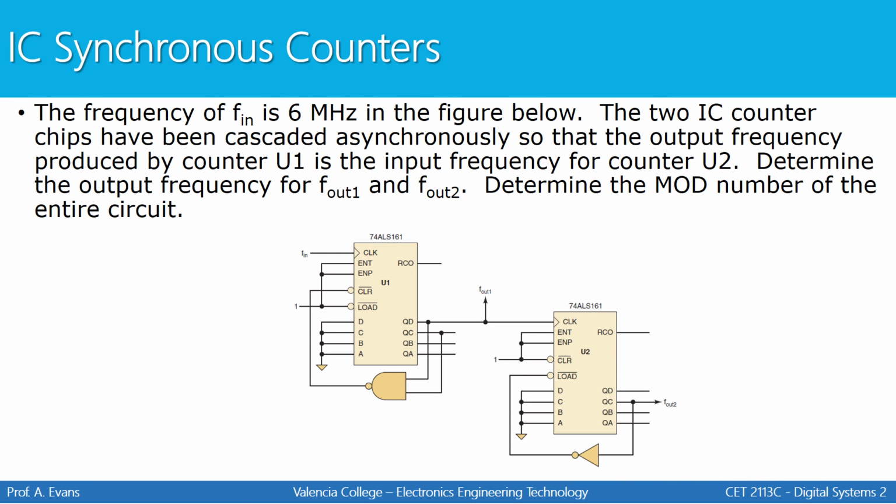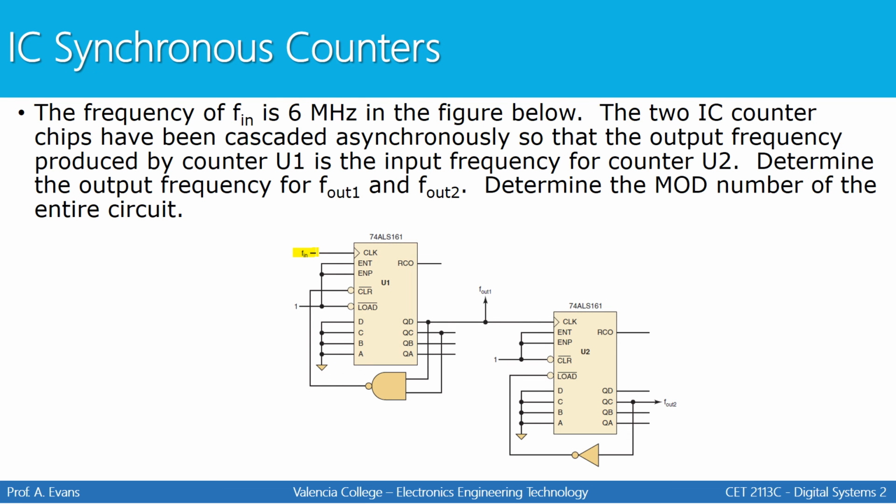So here's an example where we're going to study cascading. So we have two circuits right here. They're both 161s. Notice that the output of flip-flop D is the clock signal for the second counter. And here's the question. The frequency of Fn, right here, is 6 megahertz.